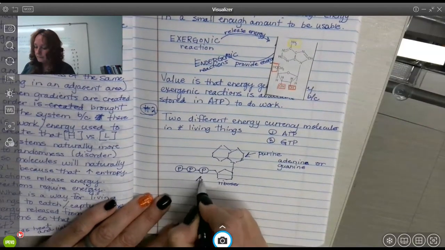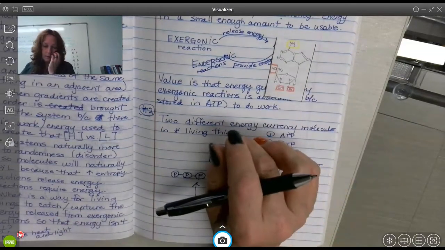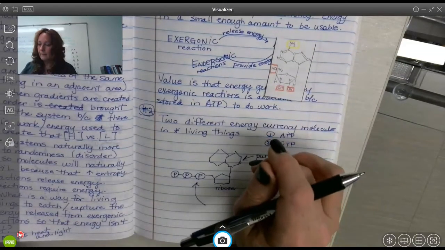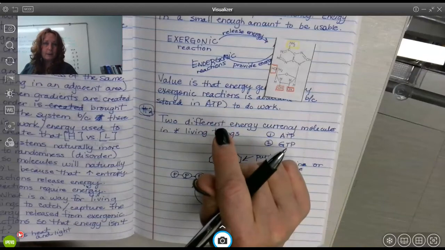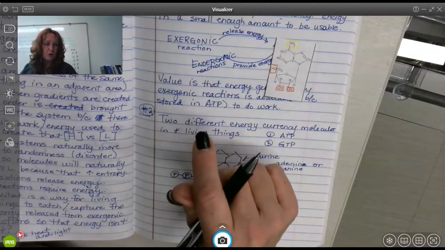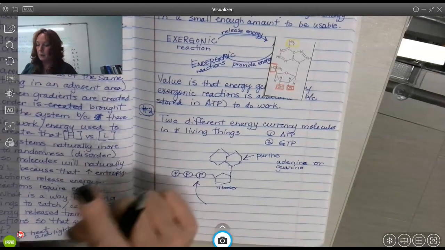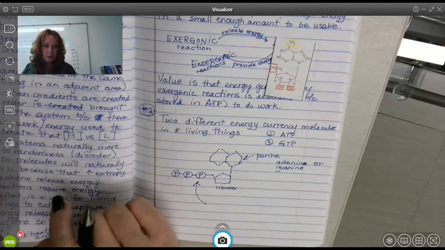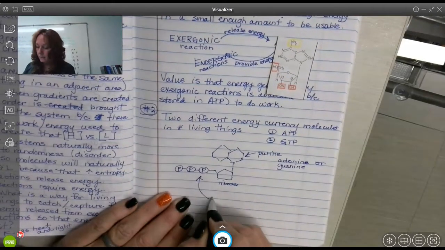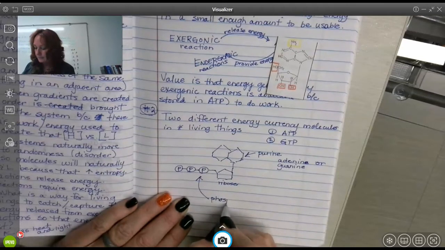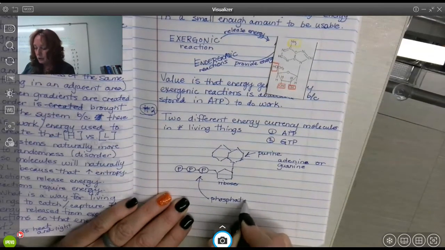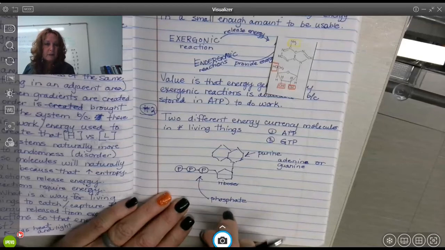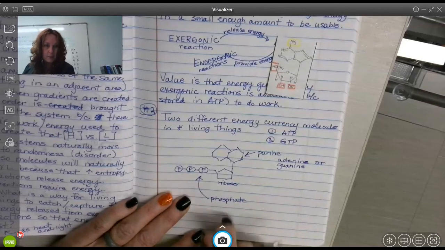So just remembering, I don't think I have my functional groups cards in this notebook. But if you went back to your functional groups cards and looked at phosphate, because as a functional group, they're what gives the function of the molecule.